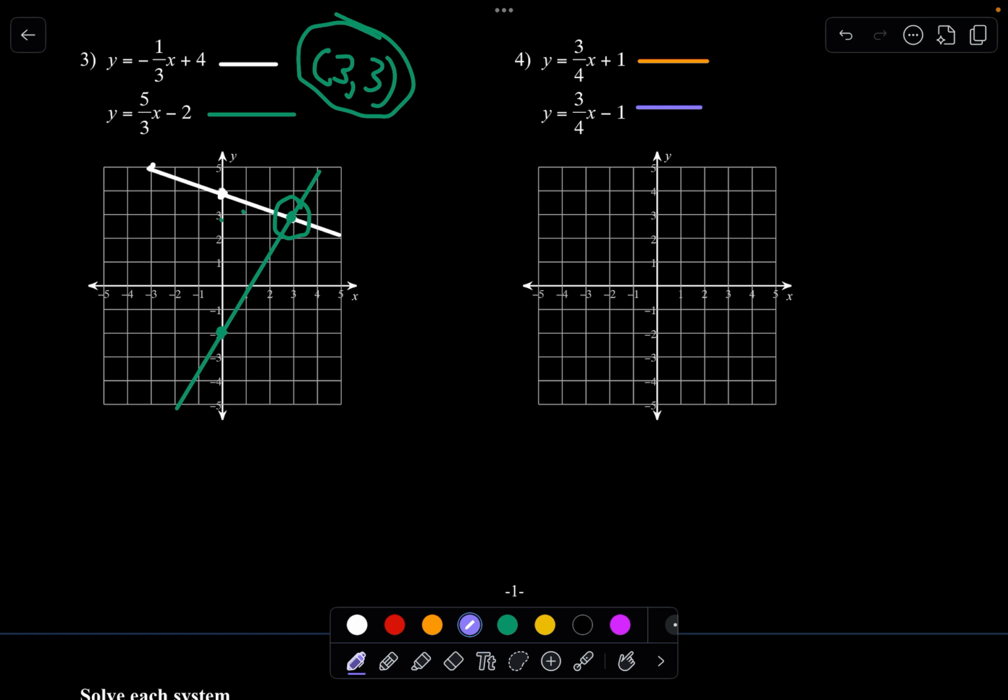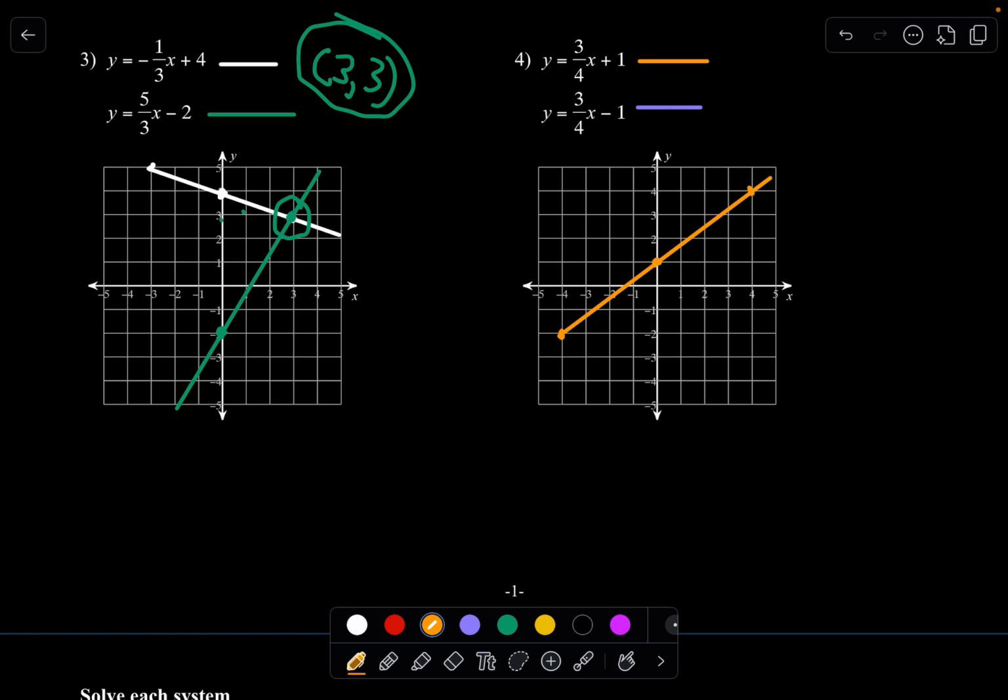All right, so the orange line, you go at 1. You go up 1, 2, 3 to the right, 1, 2, 3, 4. There's another point. Go down 1, 2, 3 to the left, 1, 2, 3, 4. There's a third point. Connect the dots. Some of your favorite pastimes as children was doing connect the dot stuff.